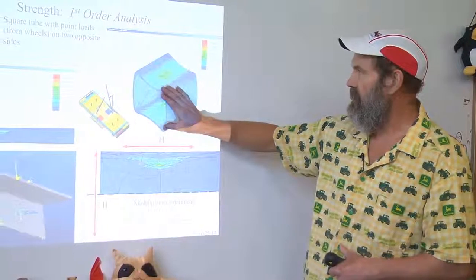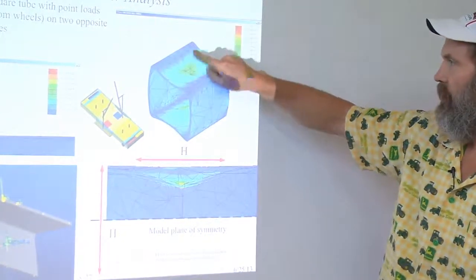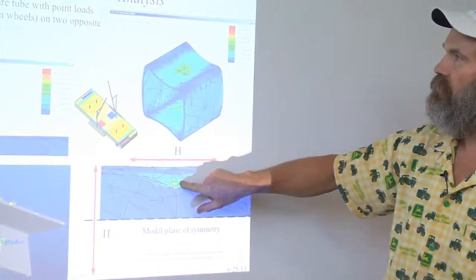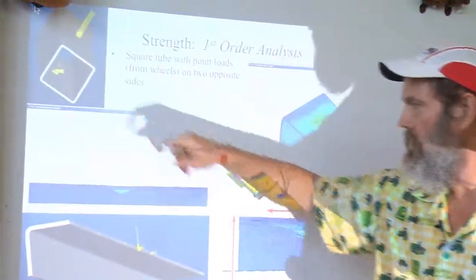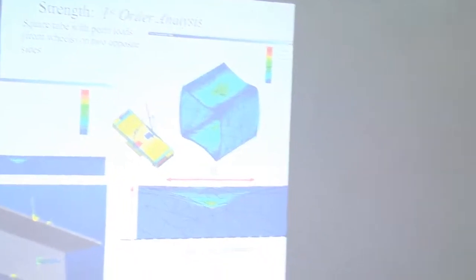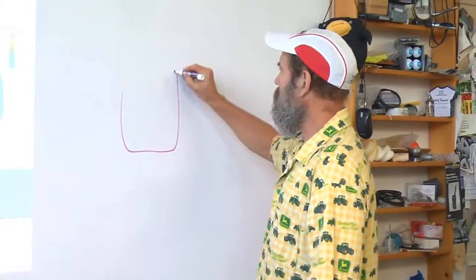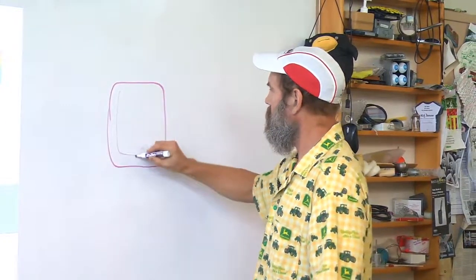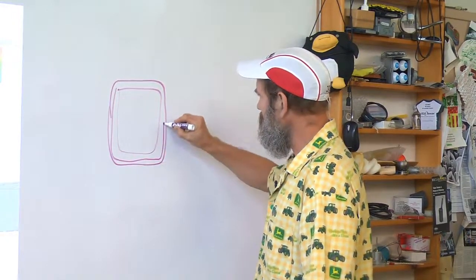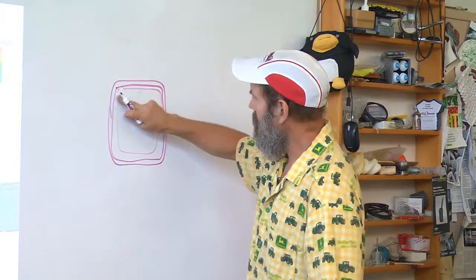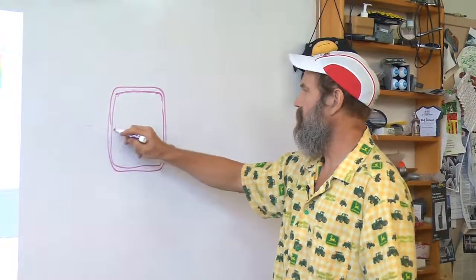For example, here is a section of a beam, a closed section beam, and there's a point load on it. And you ask, well, what does that point load do? Well, for example, if I have a beam and I'm going to be really clever and design a structure like this, and maybe it's a really efficient structure, so the wall is very thin, so here's my neutral axis.